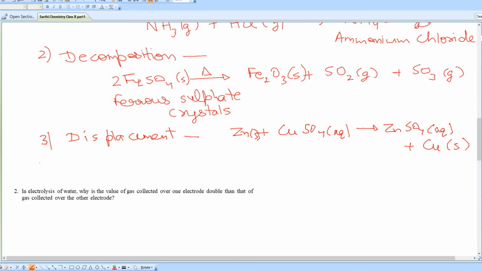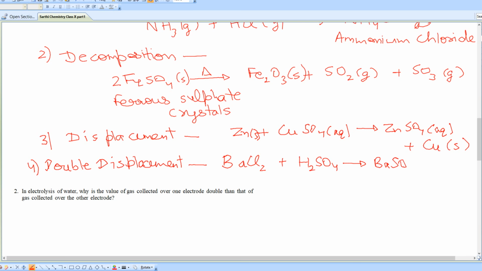Fourth type is double displacement reaction. Now, what can be the example of double displacement reaction? Let's say we have barium chloride, BaCl2, plus H2SO4, sulfuric acid, and we get BaSO4, which is a white precipitate, plus 2HCl, which is in aqueous form.